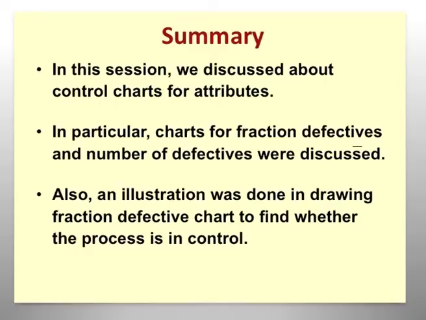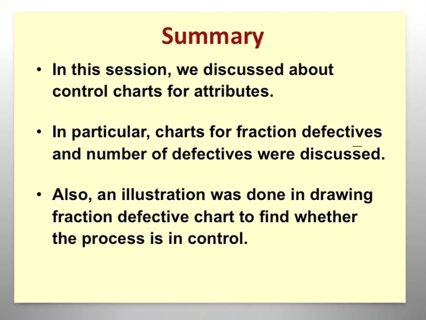In this session, we talked about control charts for attributes after recalling the formulae for control charts for variables. Control charts for attributes are the P chart, the fraction defective chart, and the control chart for number of defectives, the D chart, which was discussed. Also, the C chart, that is number of defects, was discussed, noting that defective and defect make a difference.